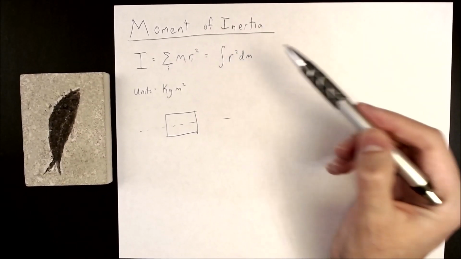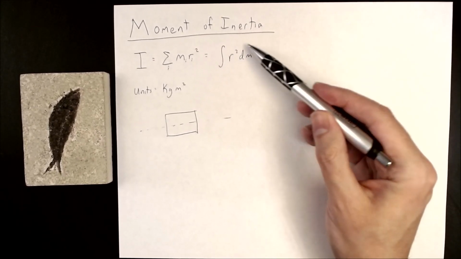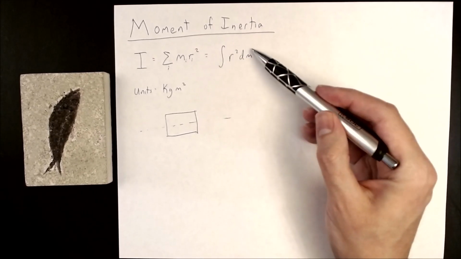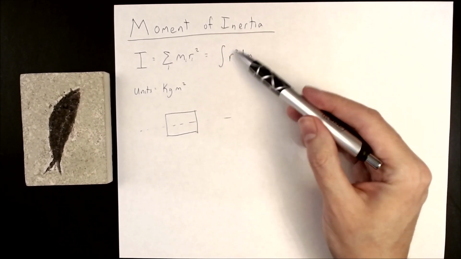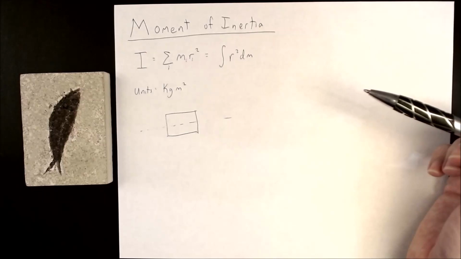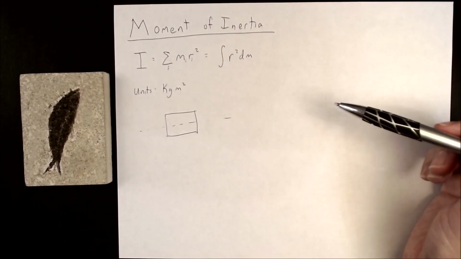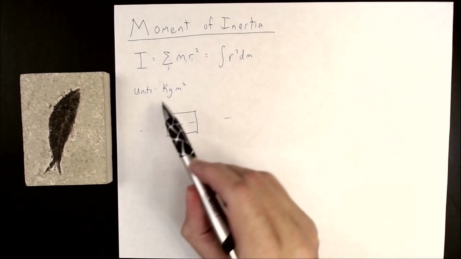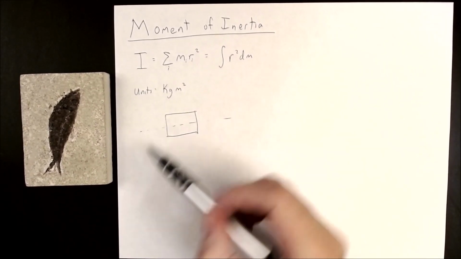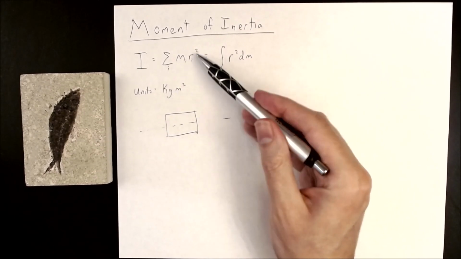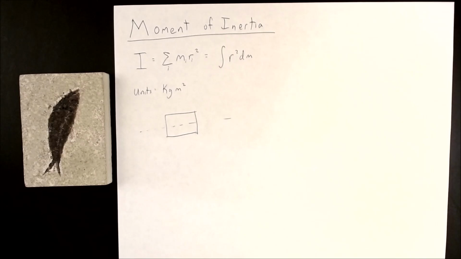We can also turn this into an integral form, and that's just integrating over the infinitesimal masses with respect to the distance they are from that axis of rotation squared. As you can probably guess, the units of moment of inertia should be kilograms meters squared, just as you would expect.